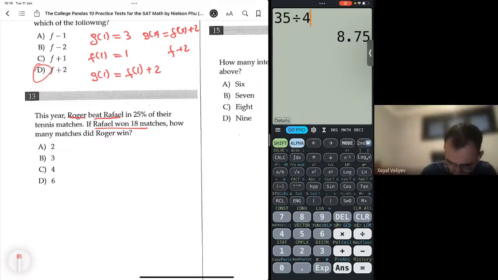Wait. This year Roger beat Rafael in 25% of their tennis matches. Basically, Roger got 25% more than base. That means 18 is 100%, which means x, the number of matches Roger won, is 125. If I simplify this, I'm going to have 4 here, 5 here.